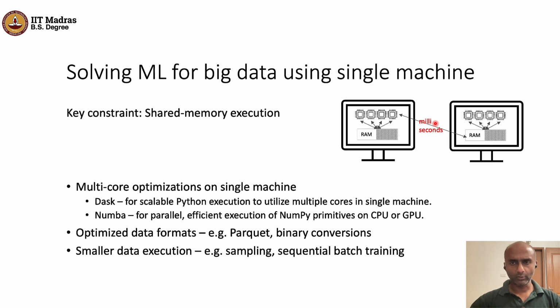We took a look at this earlier in one of the week one or week two lectures. Whereas the latencies within a machine between the CPU and the RAM are in the order of nanoseconds. So this millisecond latency boundary practically prevents any shared memory execution model from cutting across machines. It's usually restricted to a single machine.